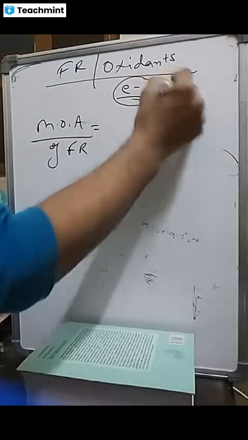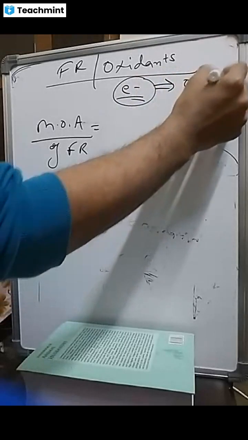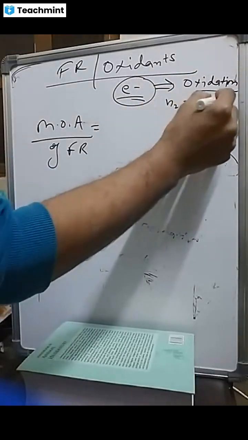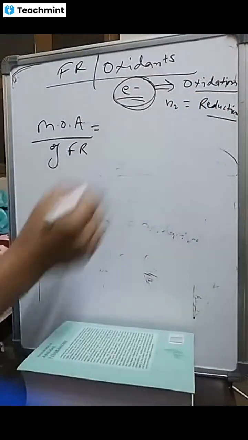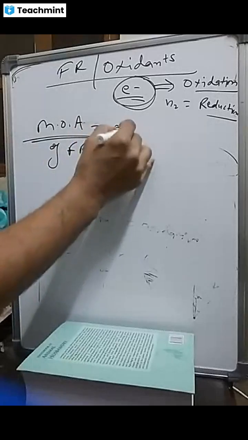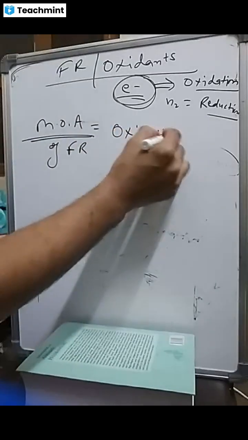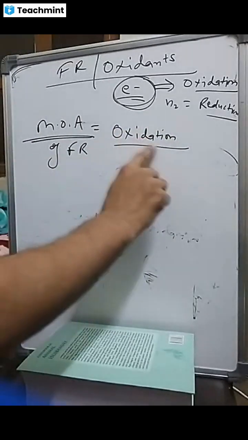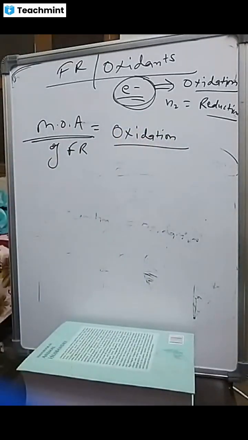As we know, electron loss causes oxidation and hydrogen causes reduction. So their mechanism of action is mainly oxidation.